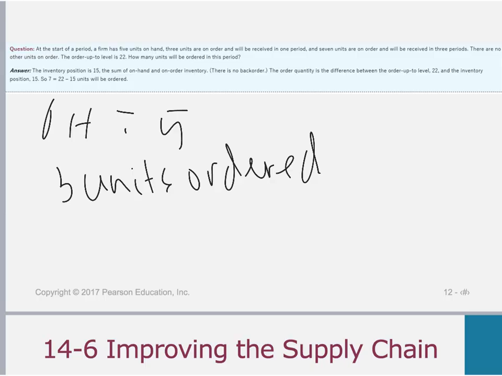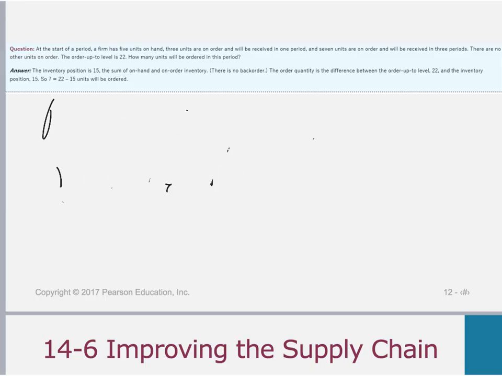Bottom line with the order up to quantity, it really means it's the maximum inventory you should have on hand. So let's just clean this up and go from there. And this is where you'll get the concept. It's very straightforward.